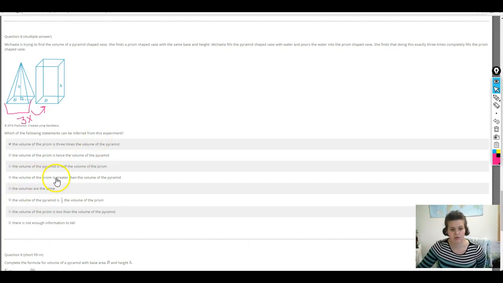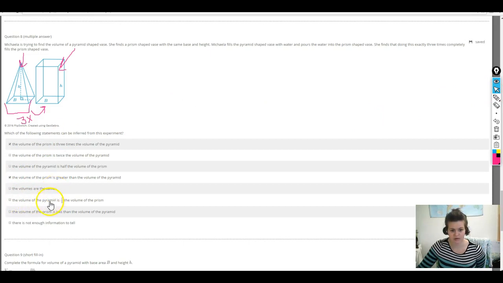The volume of the prism is greater than the volume of the pyramid. Yes, because it took 3 pyramids to fill the prism. The volumes are the same.